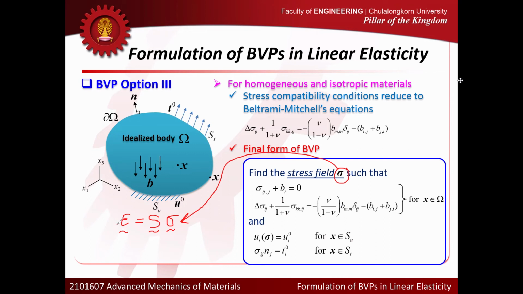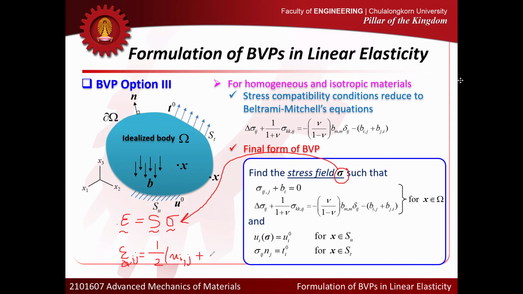From strain, you have this kind of relationship, if you remember. Strain is epsilon ij equal to 1/2 (ui,j plus uj,i).